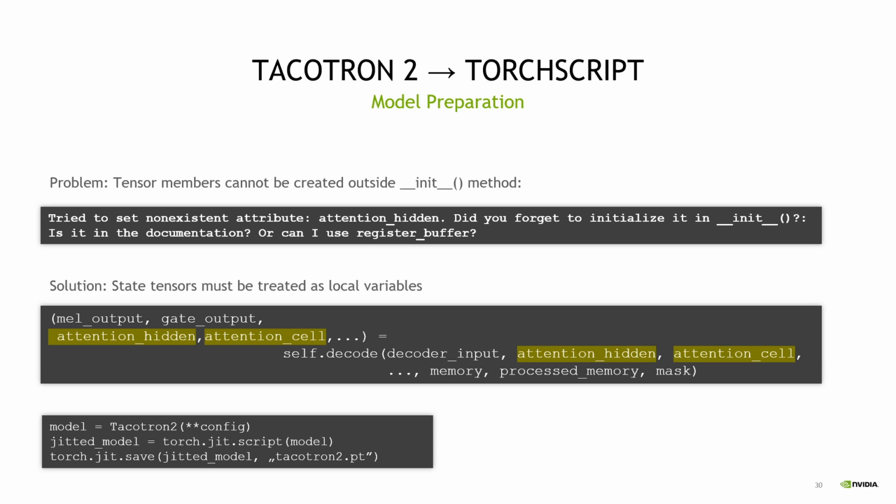So what we needed to do in this case is to change the attribute tensors to local variables and pass them between calls to the code method, such that they were given both as input tensors and as the output to the code method. This solution works perfectly well, although it clutters our code a bit.